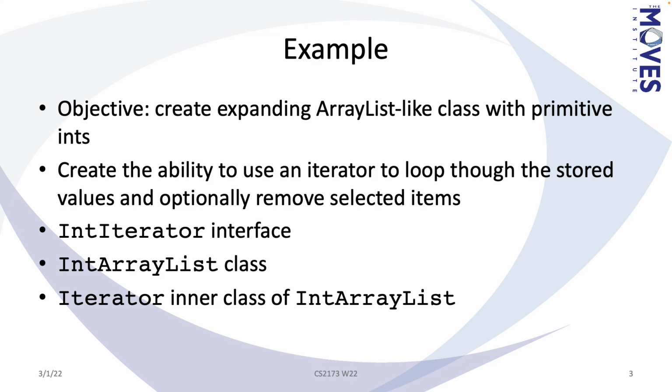So I need to define my own interface, and I'm going to call it an IntIterator interface. And my class, I'm going to call an IntArrayList class. And then my inner class, and this is where the inner class comes in, is going to be an inner class of the IntArrayList, and that's what's going to allow me to use an iterator-like thing to step through that. So let's see.